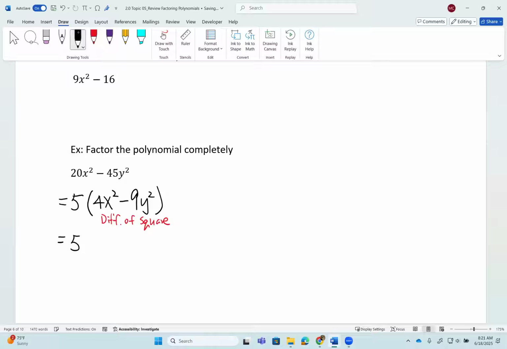Keep my 5. So a squared, 4x squared is already squared. What's my a? What's my b? What was 4x squared before it was ever squared? Before 4 was squared, it must be a 2.